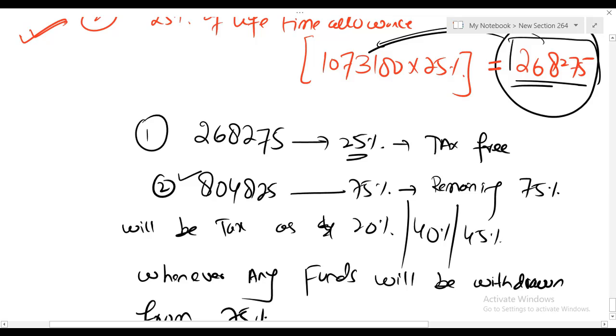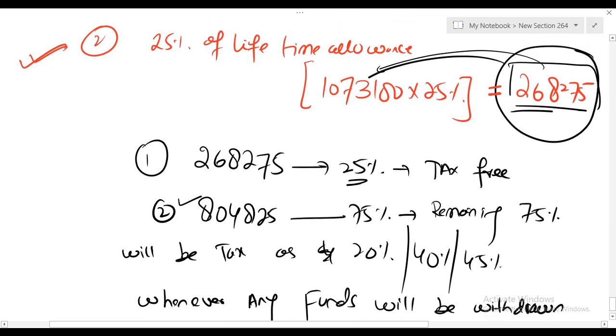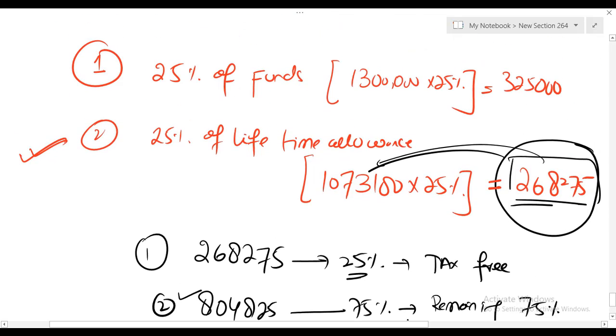Now the question is, sir, you have shown us all the working on lifetime allowance, but this individual at the time of retirement did not have funds lower than the lifetime allowance. This individual actually is having funds more than the lifetime allowance.